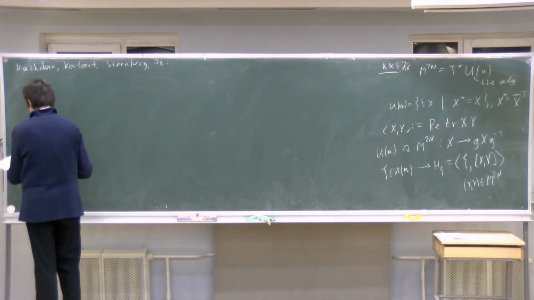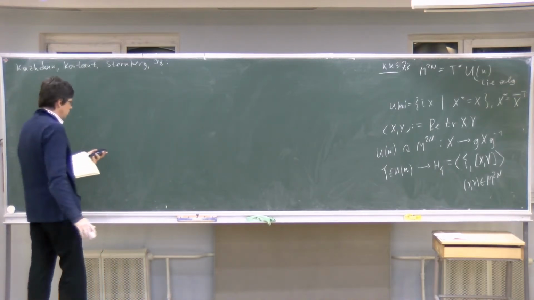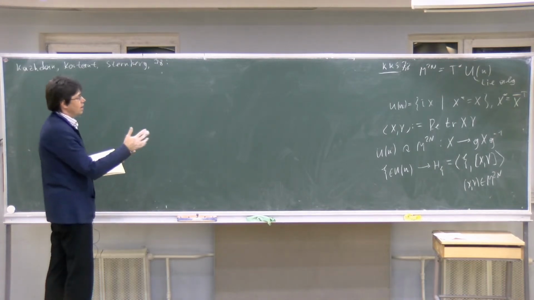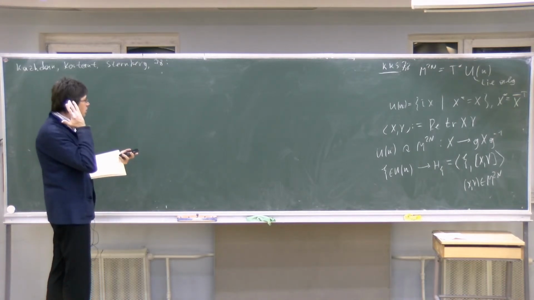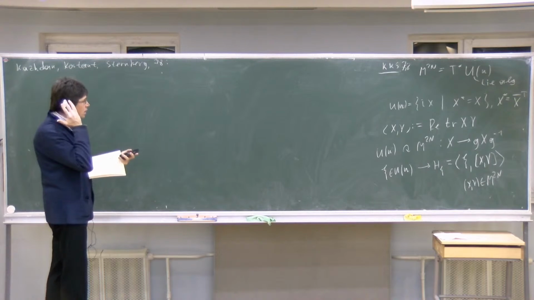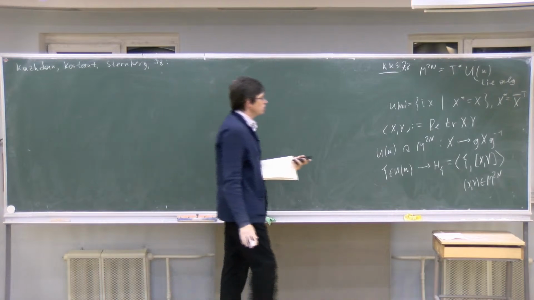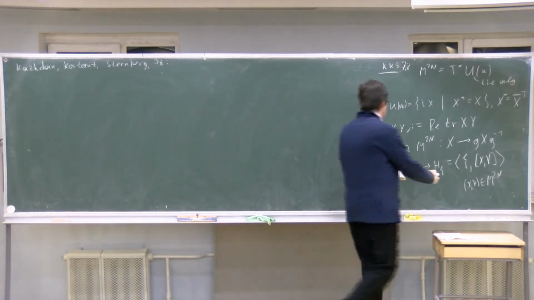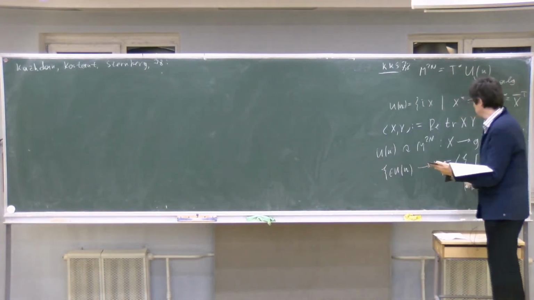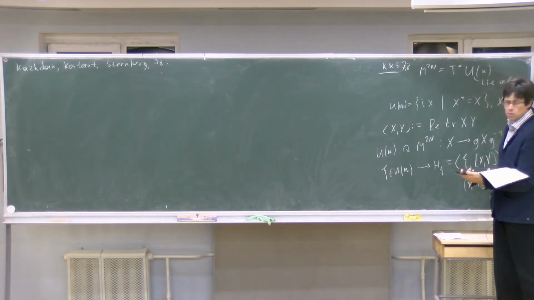X and Y are some fixed elements, right? And so this X and Y is a point of the cotangent bundle. So what does it mean then? The Hamiltonian vector field, this is an element of a Lie algebra, right? And this is also an element of the Lie algebra.